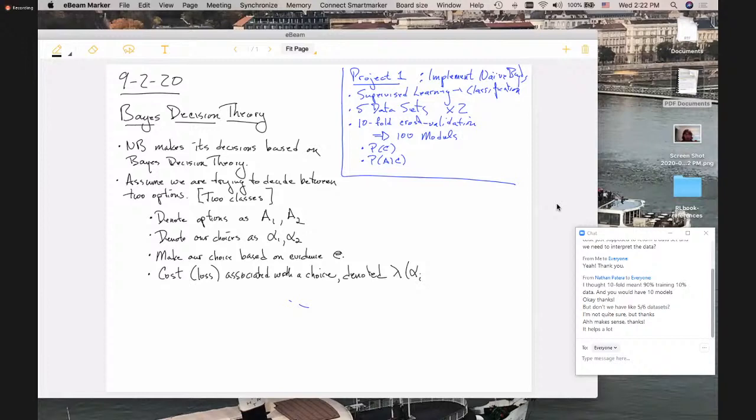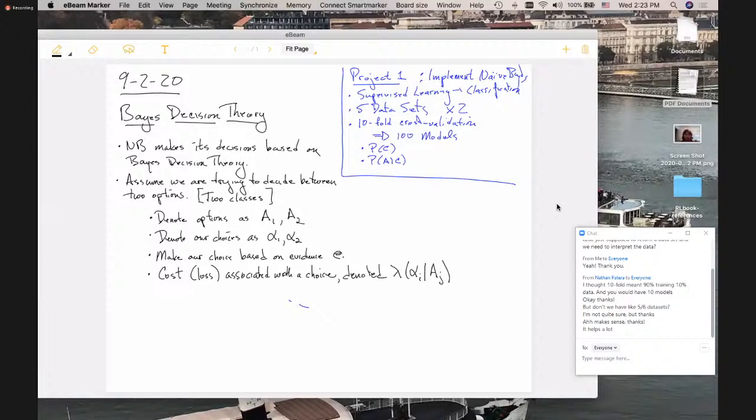So that is the choice that the classifier, for example, would be making, given the correct option was A sub j. And what we'll see in a minute is that there are going to be cases where i equals j.